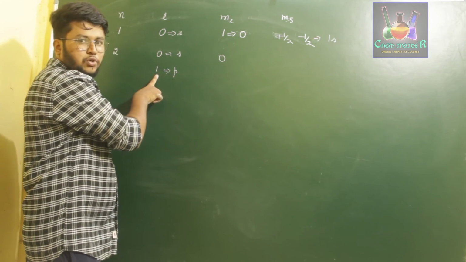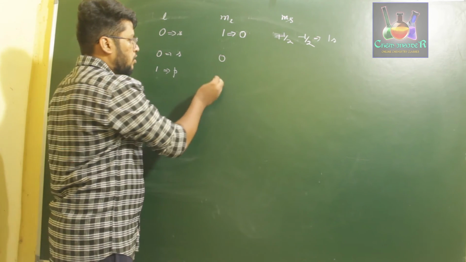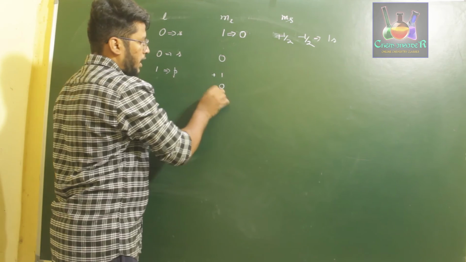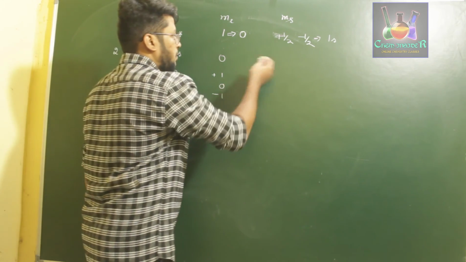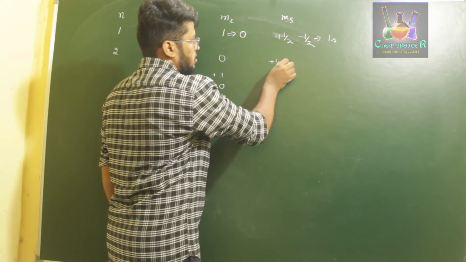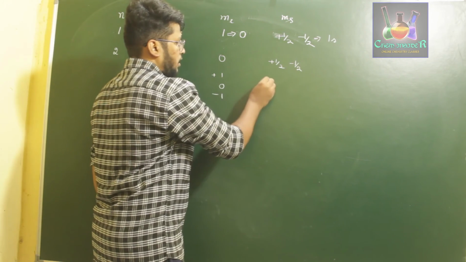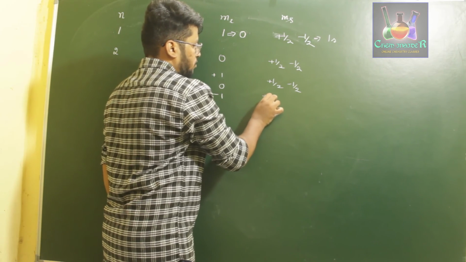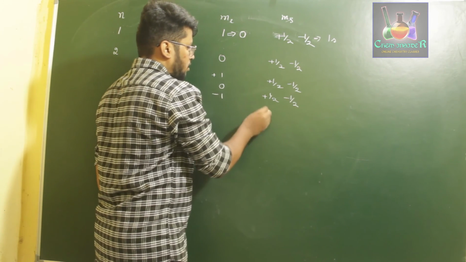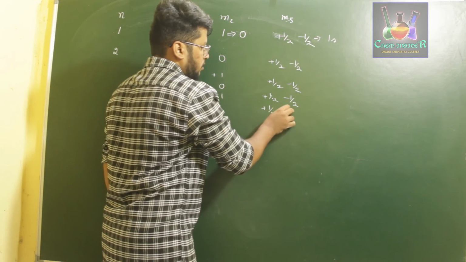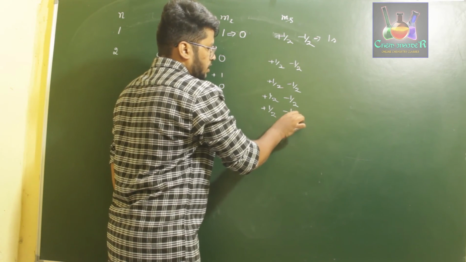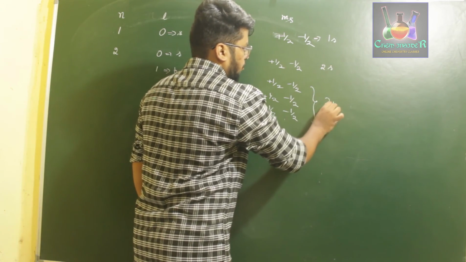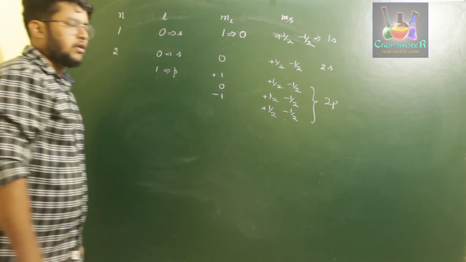And for l equal to 1, ml can have three values: +1, 0 and -1. Spin will again be +1/2, -1/2. So +1/2, -1/2 for ml of +1, +1/2, -1/2 of 0, +1/2, -1/2 of -1. So the first gives us 2s and these three are of 2p.